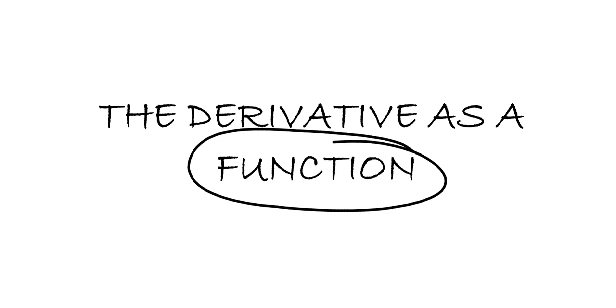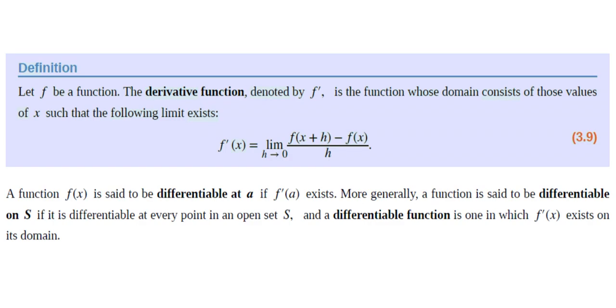The definition from Strang's book. Let f be a function. The derivative function, denoted by f prime, this is f with an apostrophe, it is read f prime, is the function whose domain consists of those values of x such that the following limit exists. f prime of x is the limit of f of x plus h minus f of x over h, that's that familiar difference quotient, as h approaches 0.